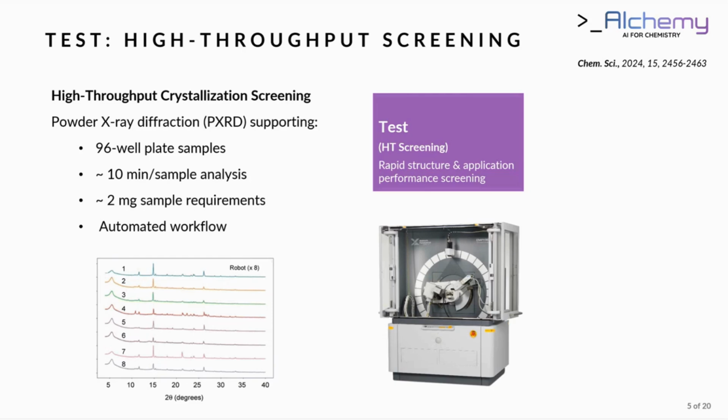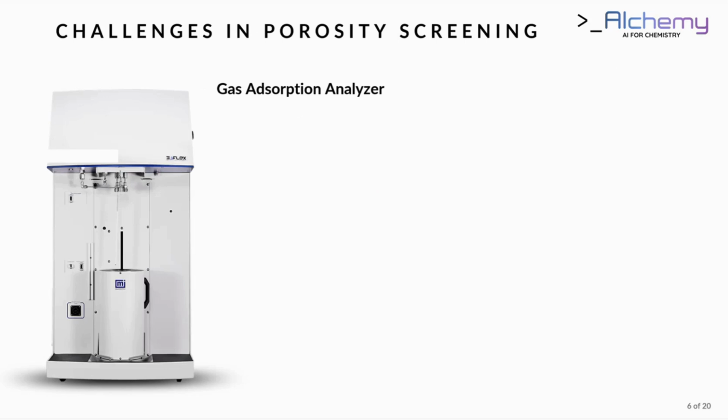However, when it comes to porous materials discovery, a porosity check is essential, and this is where the real bottleneck lies. I think every chemist working on porous materials has used a gas adsorption analyzer at some point, and it's the gold standard technique, but it always comes with certain limitations.